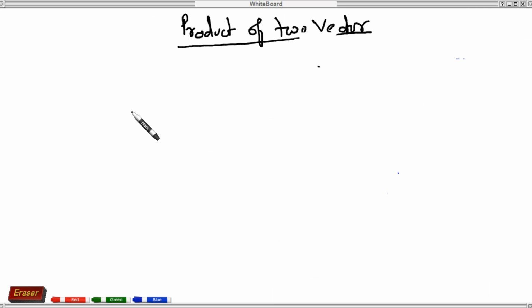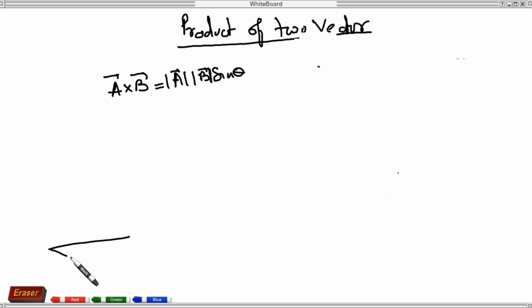So what I told you is that if it's A cross B, then it will be equal to modulus of A, modulus of B sine theta. This is vector A and this is vector B, and this is the angle between them. And this is the unit vector.